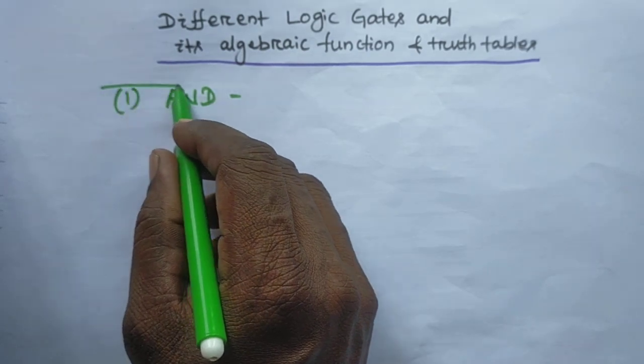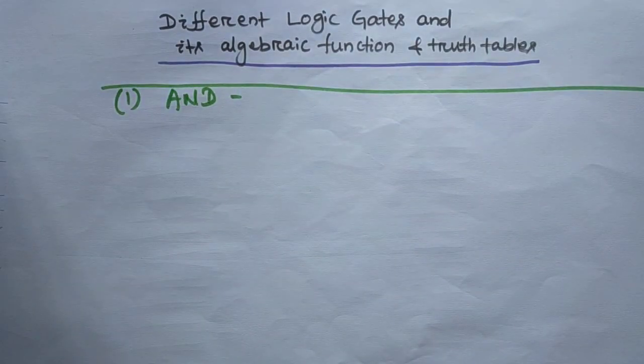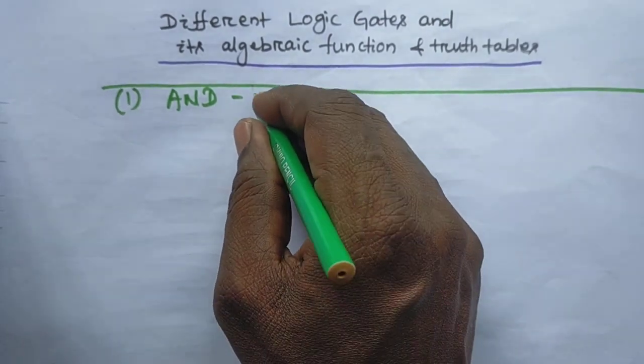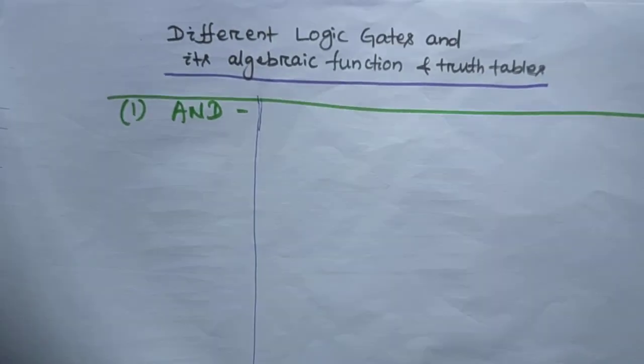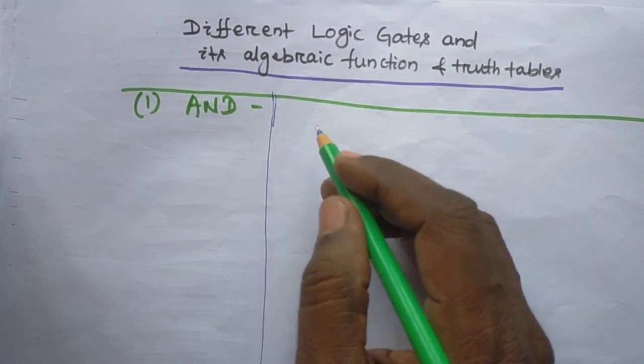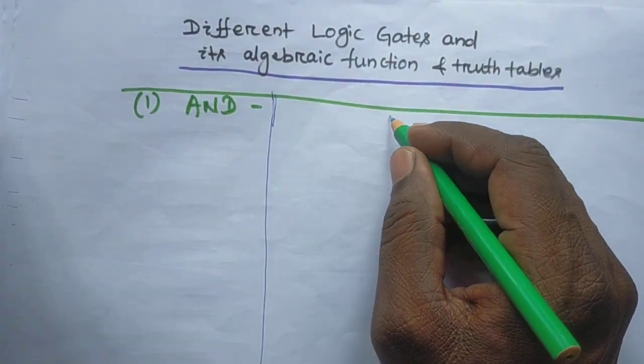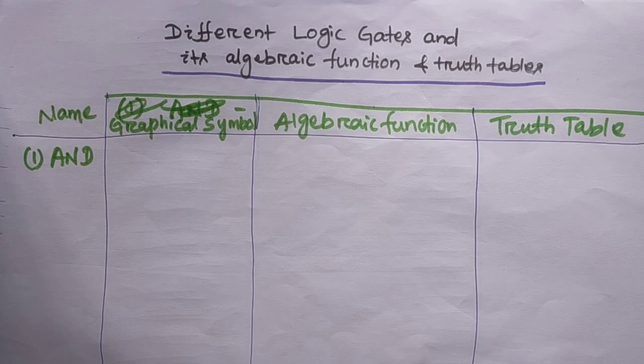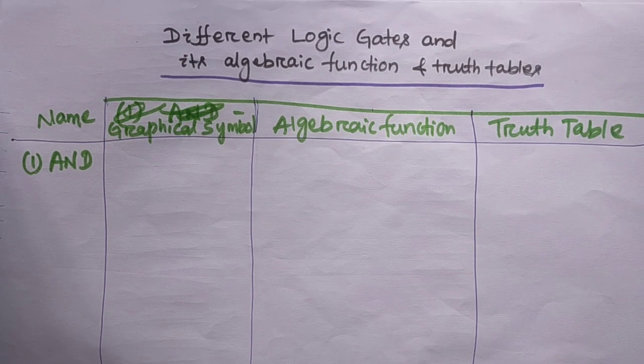I will draw the different categories of logic gates. So now we see the different categories of logic gates we need to define.